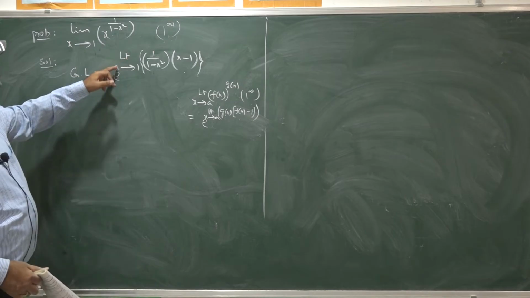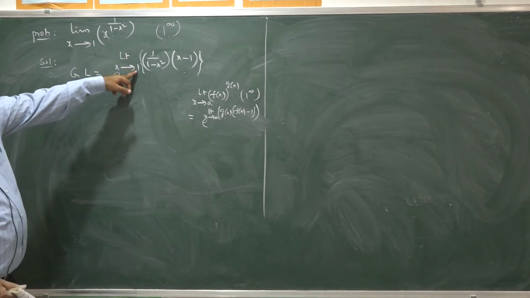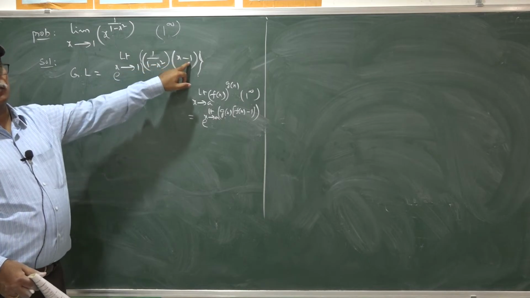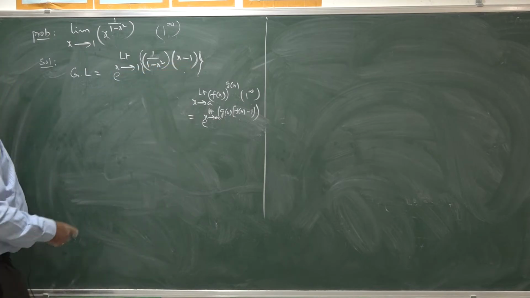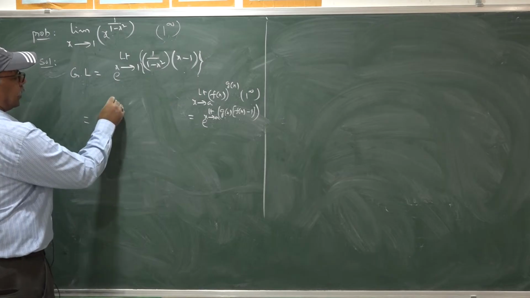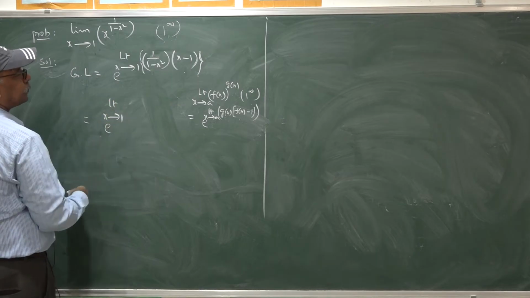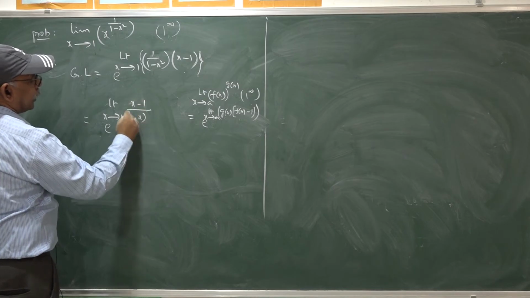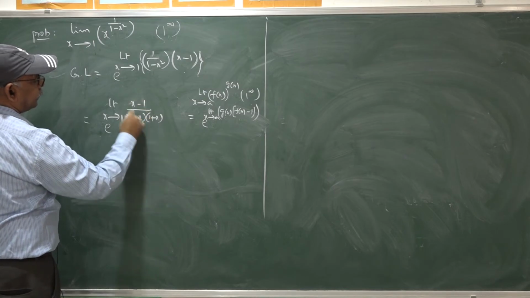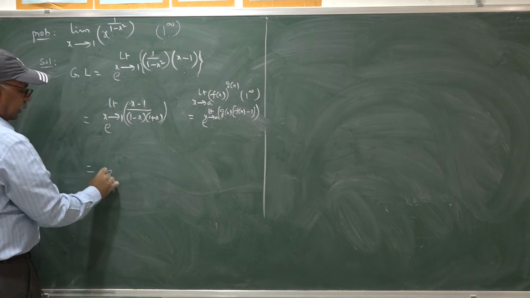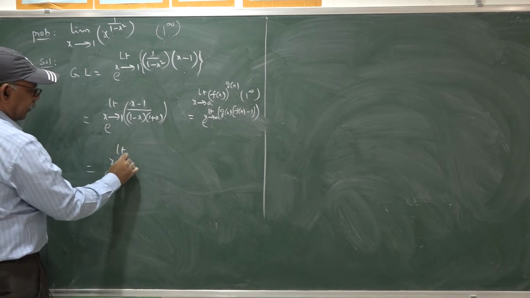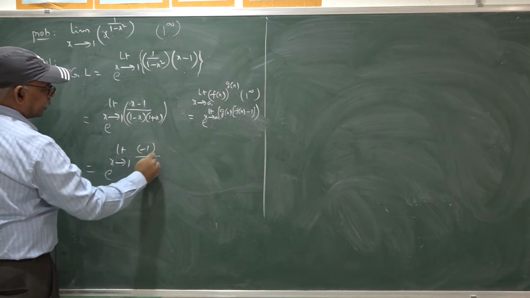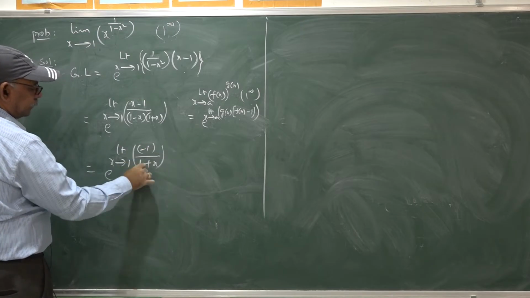So, limit as x goes to a, instead of a, here we have 1. This is g x, this is f x minus 1. That is immediately limit as x goes to 1, x minus 1 by the denominator 1 minus x into 1 plus x. You may cancel the numerator minus 1 times by 1 plus x.